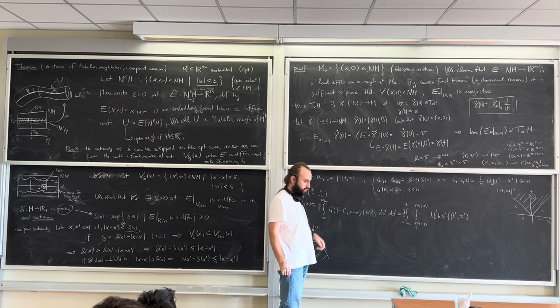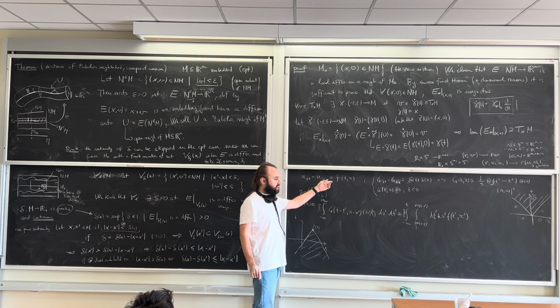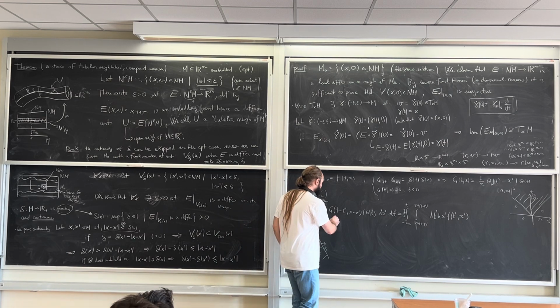But now let us try to solve the following problem. Let us maybe forget about the right-hand side, because we already know how to solve this equation with the right-hand side.